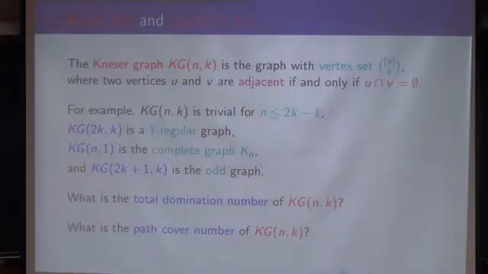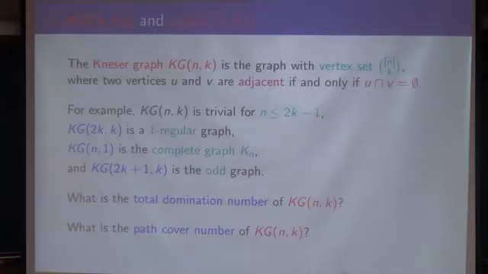Okay? And actually, Kneser graphs are vertex transitive. And Lovász conjectured that every connected vertex transitive graph has a Hamiltonian path. This is a special case, but we still don't know. So you may also try that one.